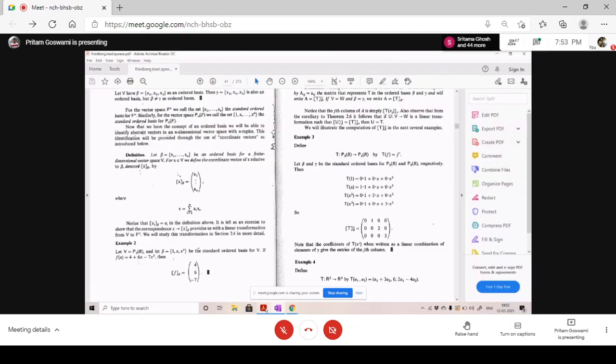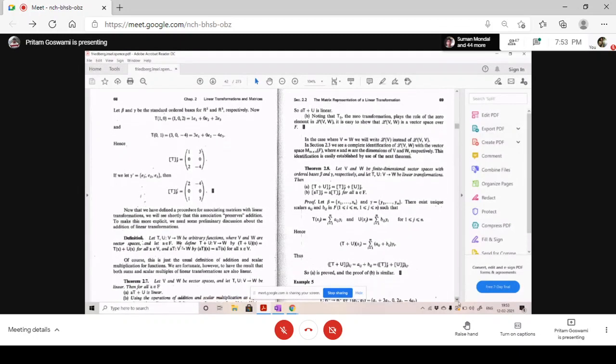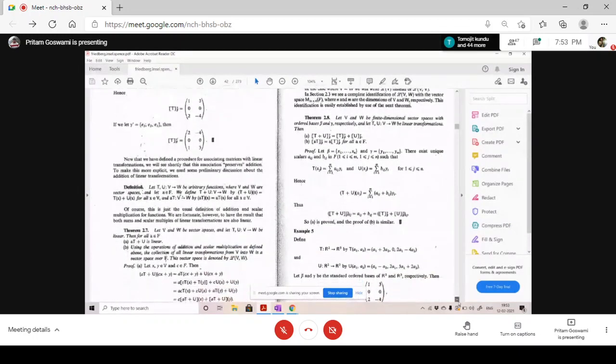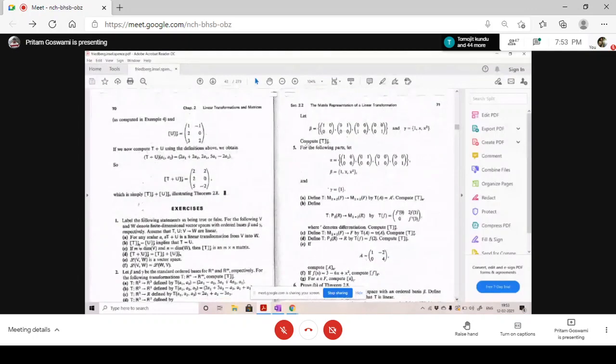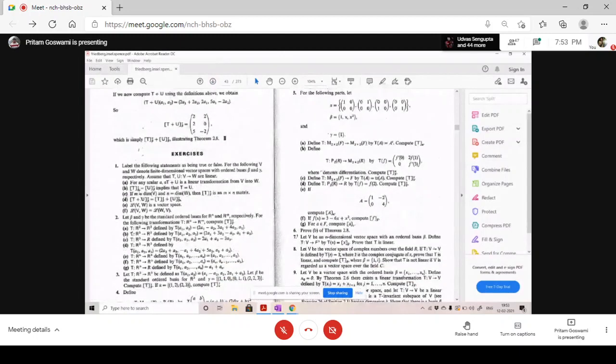There are many examples. The more you look into these examples, the clearer the concept will be. There are also many exercises here. You can try these exercises where you have to compute the matrix of the given linear transformation.